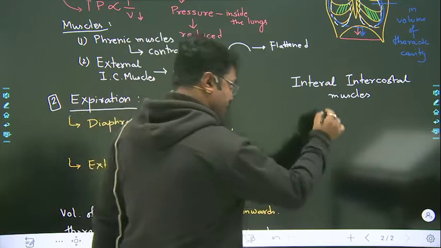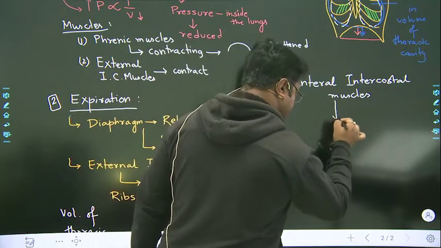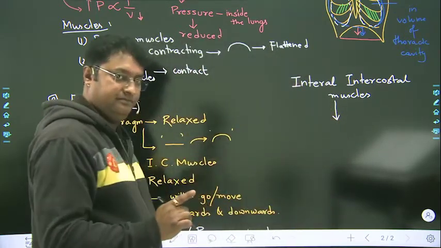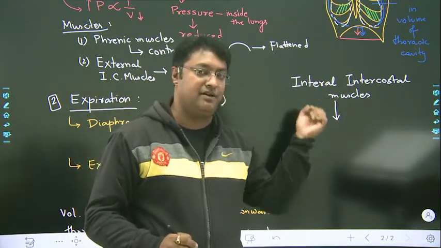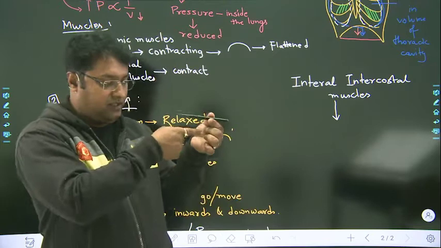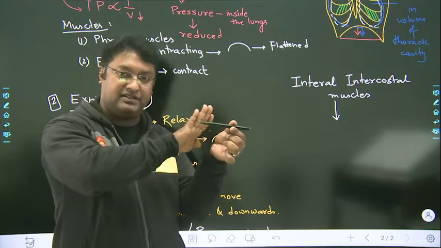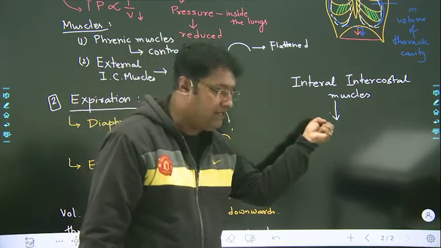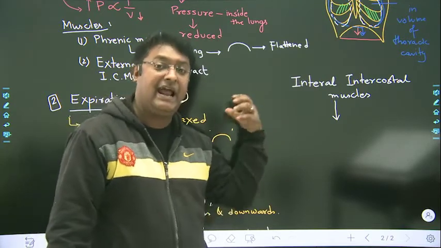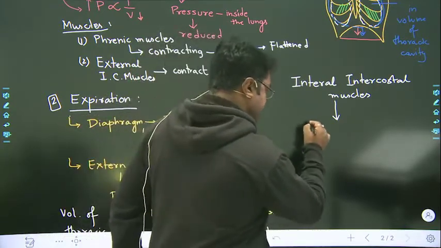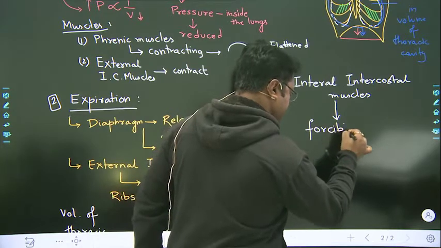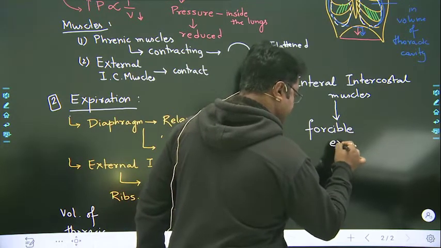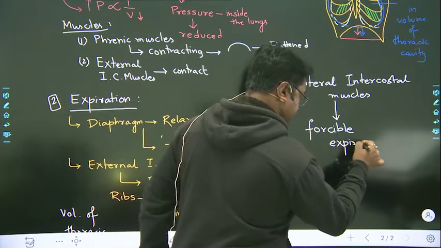Clear? We have to remember that the working of these internal intercostal muscles, which are present between the two ribs from the inner side, they will only be contracting and relaxing in case of forcible expiration.